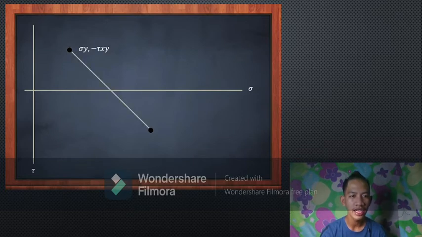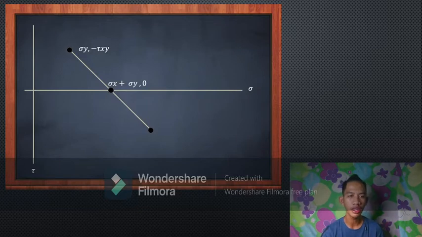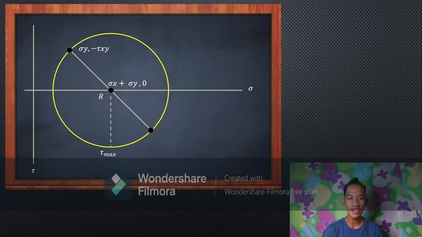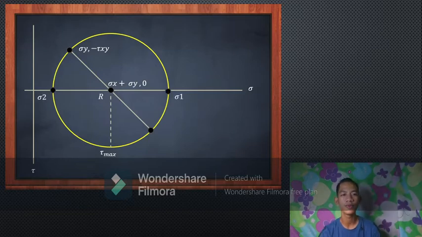Fourth, find its center. Fifth, draw the circle through the x and y coordinates. Next, find its radius, which is equal to our tau max. And lastly, find our sigma 1 and sigma 2. That's how we plot our Mohr's circle.